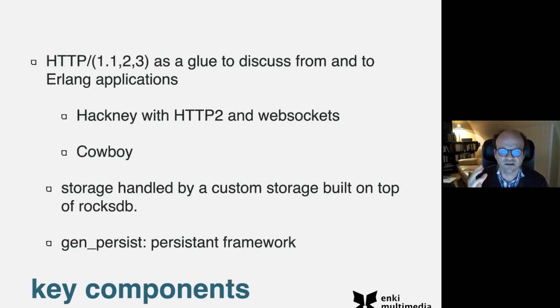And HTTP 2 and WebSocket are used to provide events and to pass events, etc. The other part is handled by Cowboy, which is one of the best right now HTTP 2 servers handling the system. And it appeared that Loïc is French, so it's quite easier to talk with him when needed. Storage is handled by custom storage pair or RocksDB. I talked about that. It's about it can persist, which is using WebSockets to talk between nodes.